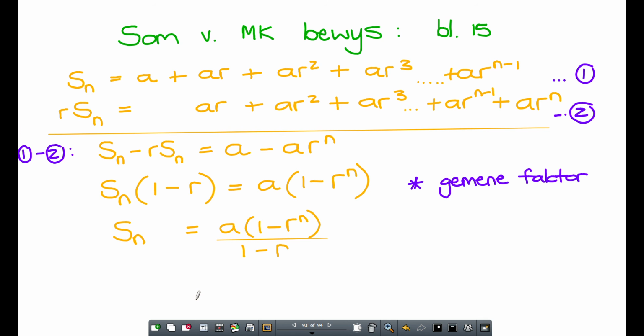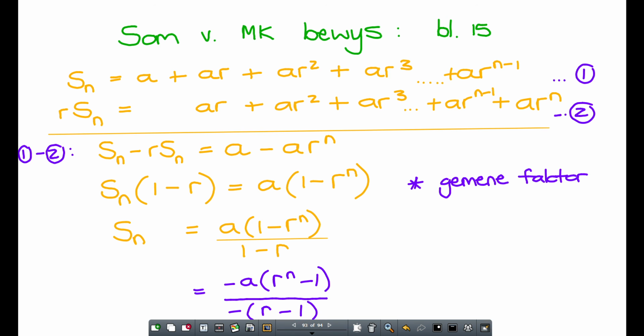Ek gaan hom een blou skryf want dis die een wat ons gewoonlik gebruik hier. Sê nou maar ek haal bo uit 'n minus. Nee? Dan gaan daai minus R tot die mag N mos raak positief R tot die mag N. En daai 1 raak 'n minus 1. Okay, en onder, as ek 'n minus uithaal, dan die minus R raak positief R, en die positief 1 raak minus 1.